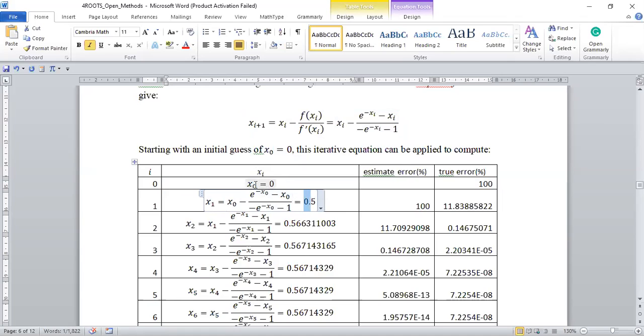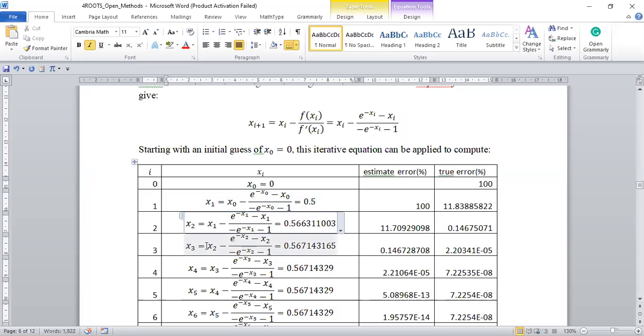If you substitute x naught is equal to 0 here, the result is 0.5. Then you move on to the next iteration, which is x2. So x2 is equal to x1 minus this, and you evaluate this at x1. Remember, we've gotten x1 here at 0.5. So all you need to do is put 0.5 here, here, and here. Then you get the new estimate of the root.